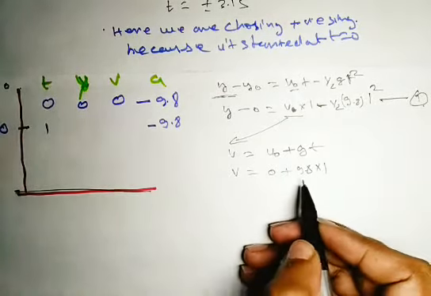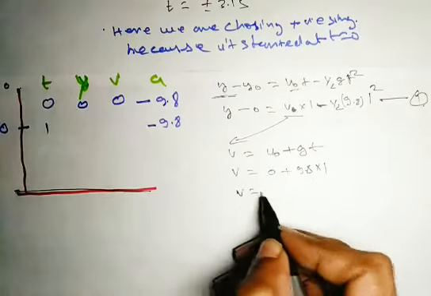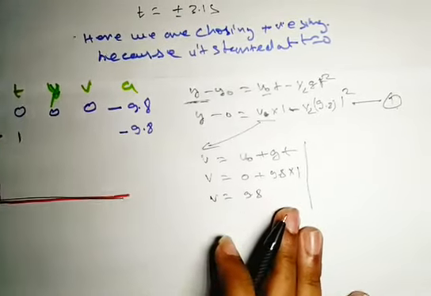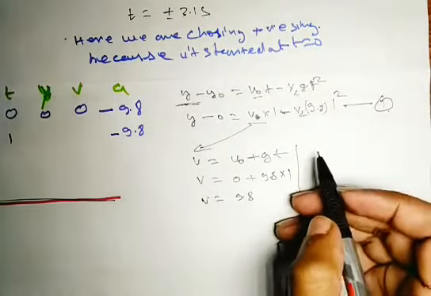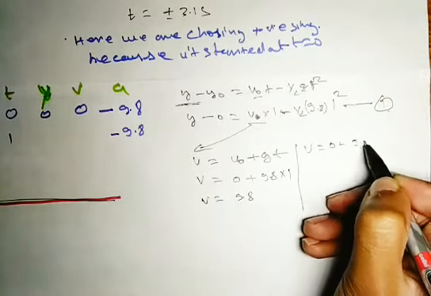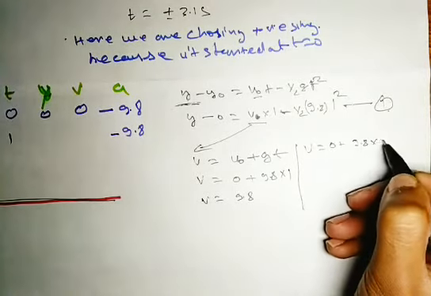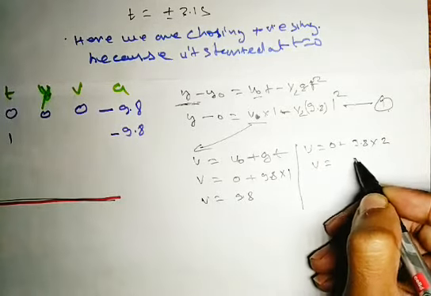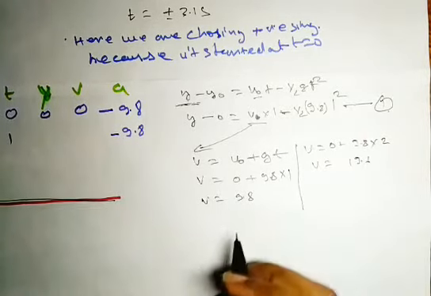So what will it become? v equal to 9.8. And at t equal to 2 seconds, v equal to 0 plus 9.8 into 2, which becomes v equal to 19.6.